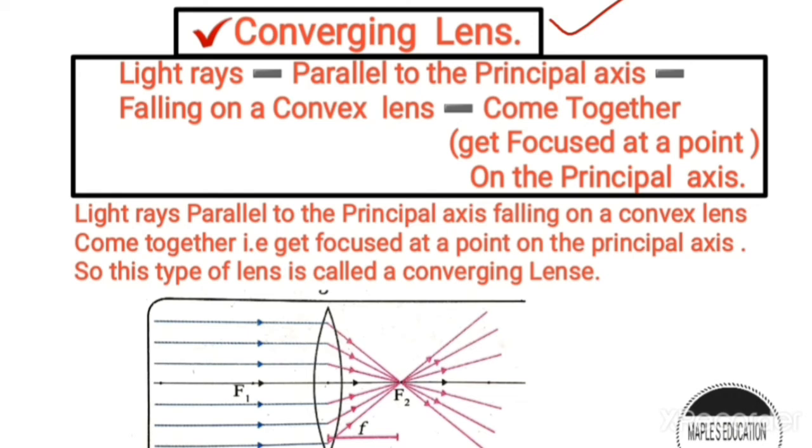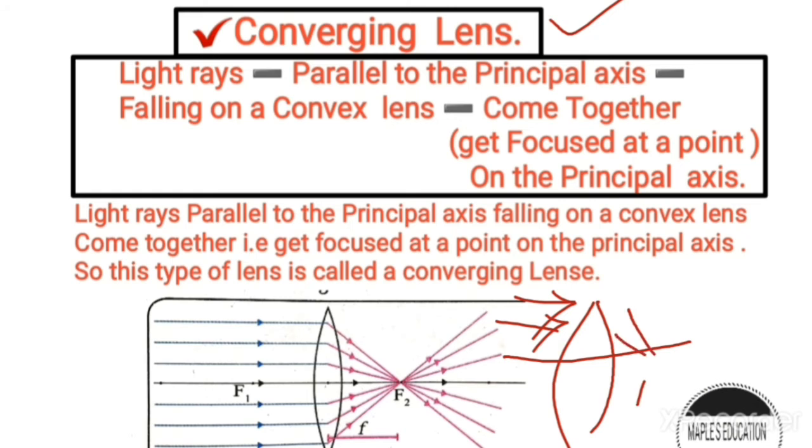So converging is convex lens, diverging is concave lens. If I draw a convex lens here, with a principal axis and incident rays over here, what happens after refraction? They come and meet at one single point, right? Such a lens is called a converging lens.